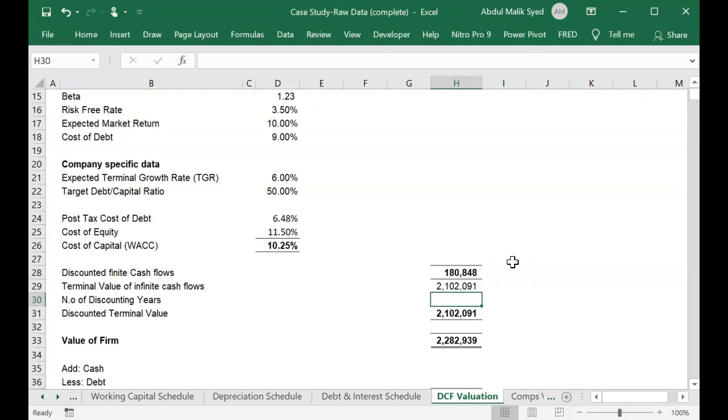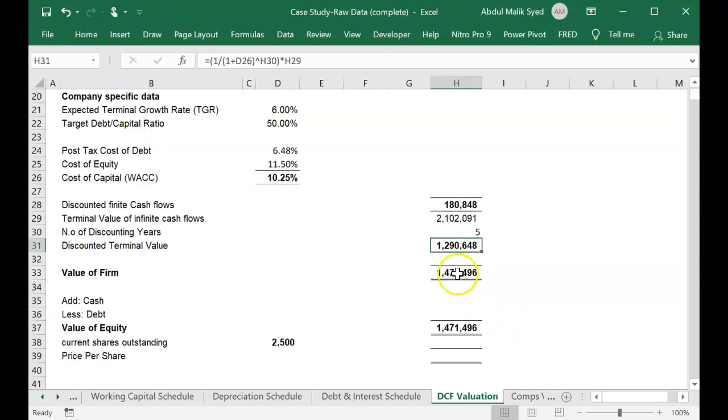So you need to develop a fraction-of-a-year formula. Anyhow, we assume that they are 5 years. So the terminal value of the discounted cash flow is this. The value of the firm is simply adding this plus this, which will give me the firm value.